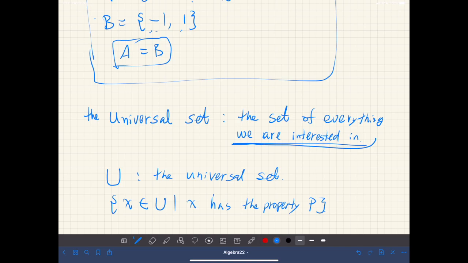So we do not consider literally everything, but we fix our attention to this set. Within this set, we consider what we are trying to study.